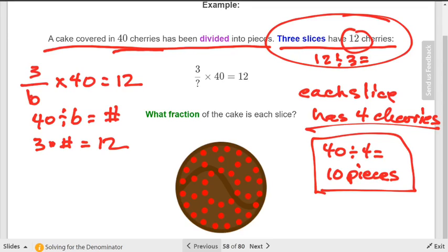So thinking of it as doing the opposite, what is the opposite? If it would have been 3 times that, that means that the opposite of multiply is what? What's the opposite of multiply? Divide, right? So 12 divided by 3 gives us what? 4. So that tells us that this number should be 4, right?